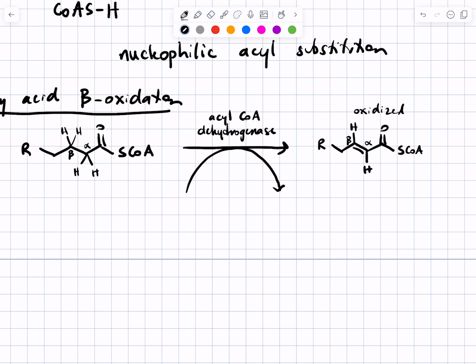In this case, it's not NAD+, it's a molecule called FAD. And FAD functions much like NAD+, but has slightly different structure and slightly different properties. But it gets reduced to form FADH2.